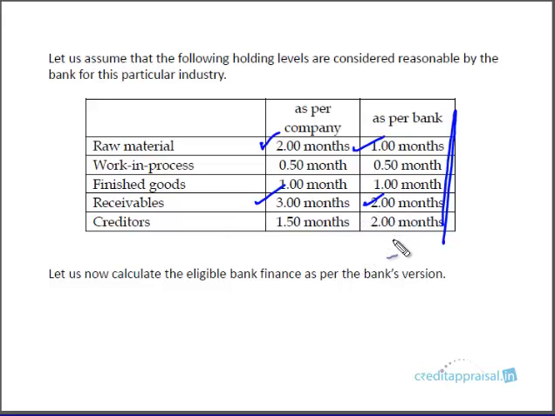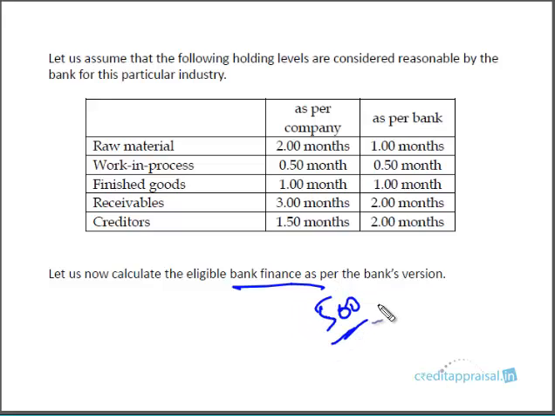Receivables: the company said we'll get credit of only 1.5 months from our customers. You said no, you'll get 2 months. So you had a different set of assumptions. Now let us calculate the bank finance; earlier we got 5 crores. Let us see how much you're going to get now, just because you changed only two things. One, you changed the turnover.